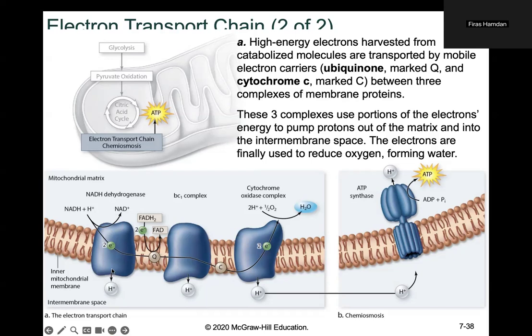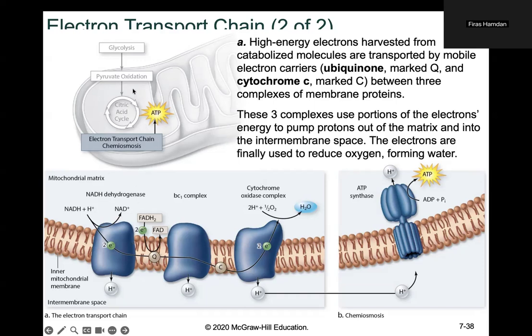Other than just being an electron carrier, it is also a hydrogen pump. It will use this energy to actually do active transport of hydrogen from the mitochondrial matrix towards the intermembrane space.